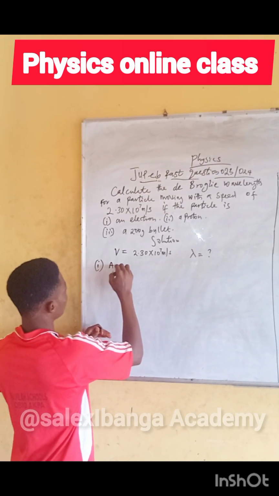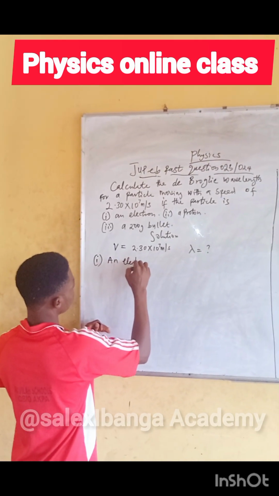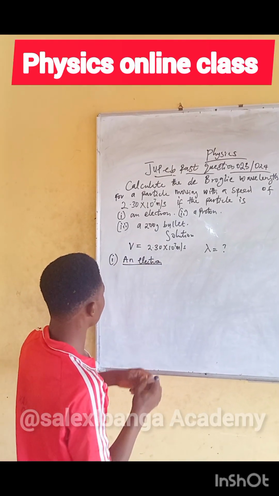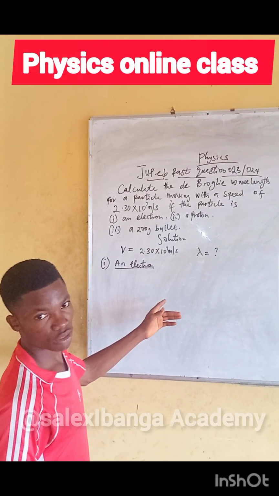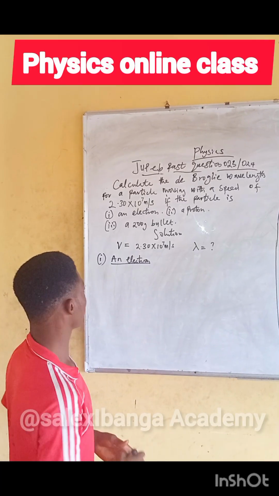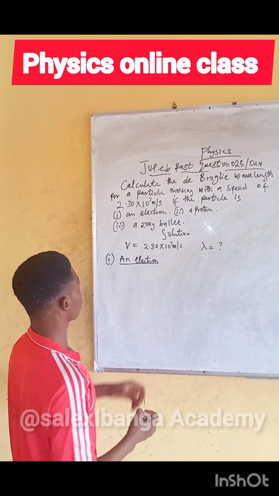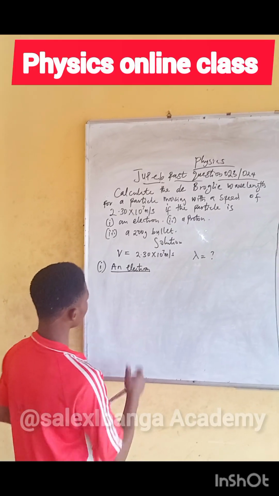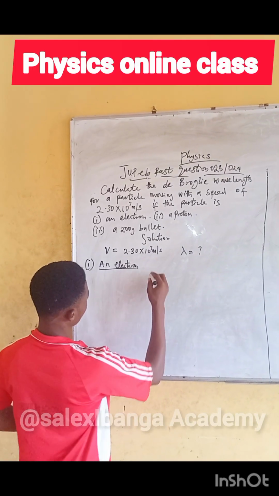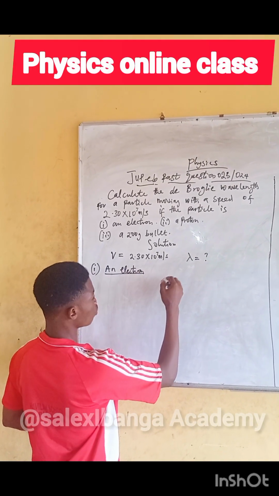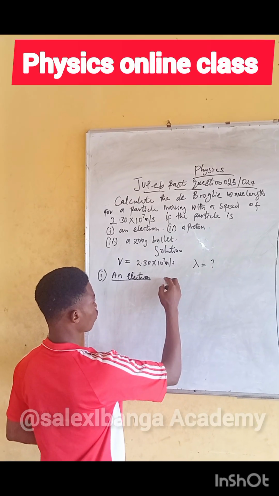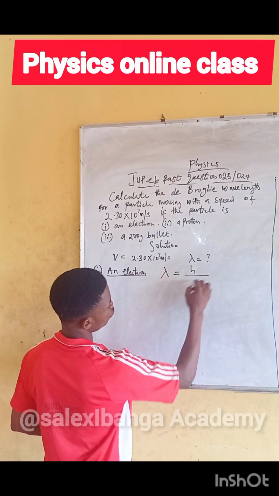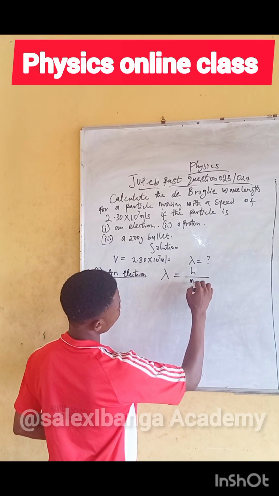When it is an electron, we know that an electron is simply a flow of charge in a circuit. So now, our formula. You need to remember the formula first. The formula for solving for the de Broglie wavelength is given to be lambda equals h all over m v.